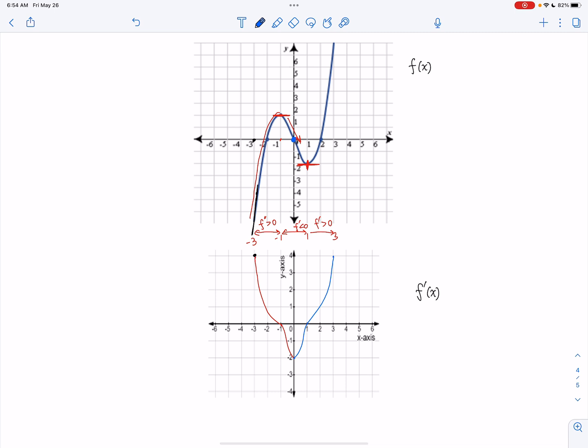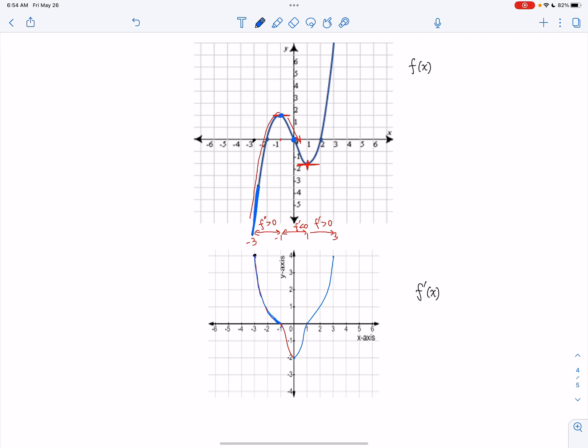It starts with a very positive value because the derivative is very positive here, right? It's a very fast increase. Then at -1, it will become 0. So that's why you have this point, this line, and then between -1 and +1, the derivative is negative because it's decreasing.